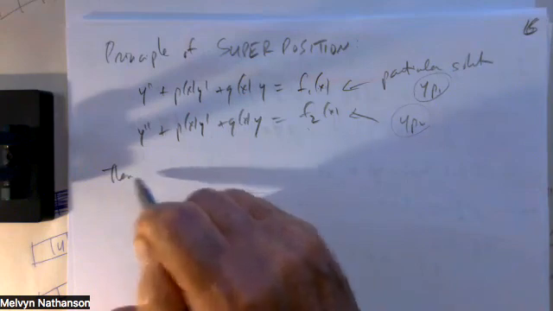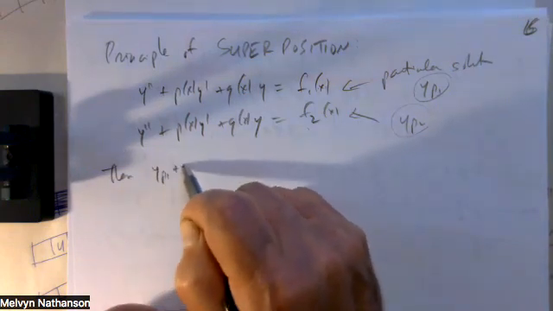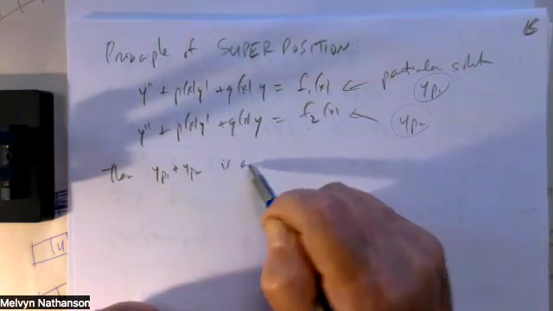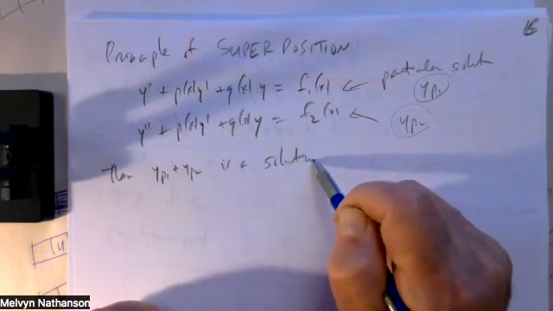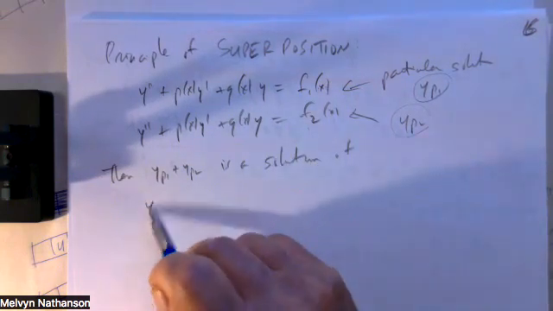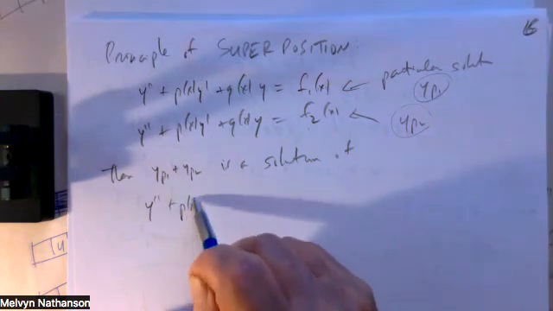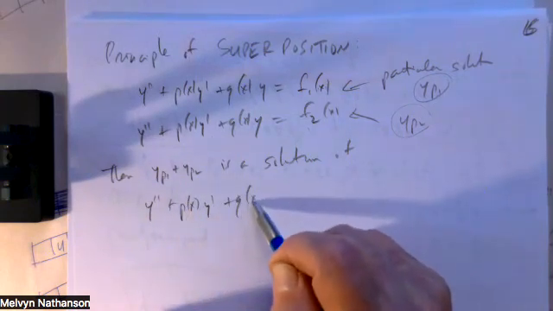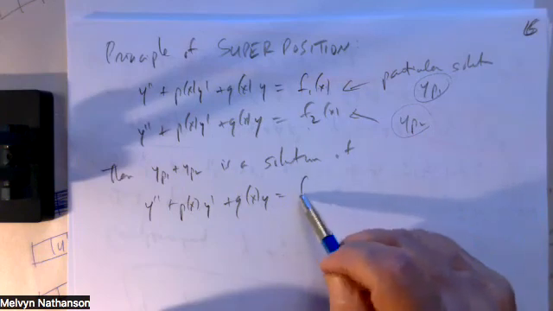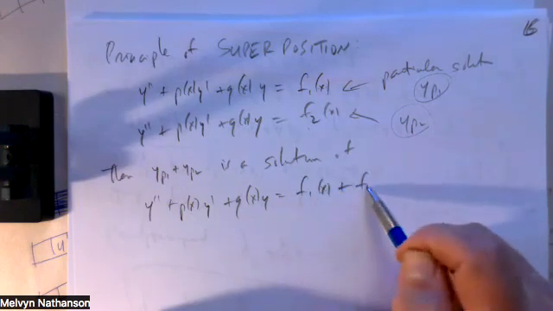So then the sum of these two is a solution of the differential equation y double prime plus p of x y prime plus q of x y equals f1 of x plus f2 of x.